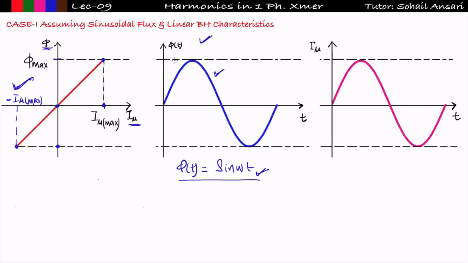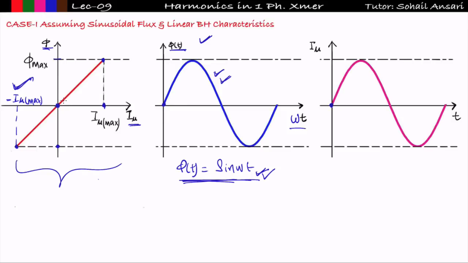The second waveform is the waveform between phi with respect to omega t. If I have to draw phi t equal to sin omega t, then it will look like this. Now see, if phi t is 0, then what is the value of the magnetizing current? See this figure. If phi t is 0, then the magnetizing current will also be 0 for that time.